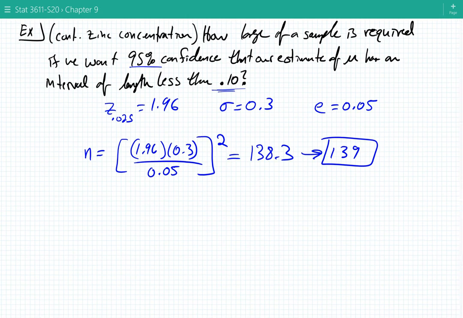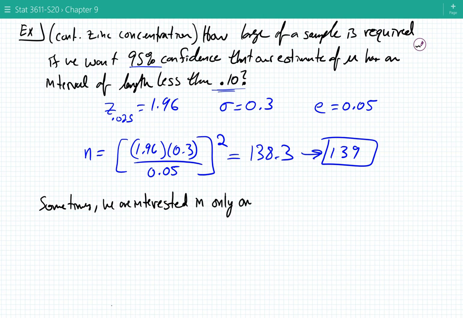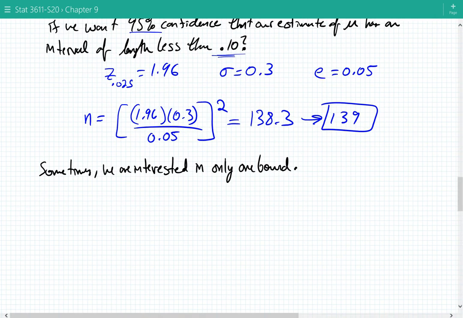Something that we're going to switch gears a little bit here and think about then is, in these instances, we have what are called two-sided intervals. But sometimes we are really only interested in one bound for our parameter. So what's an example of this?